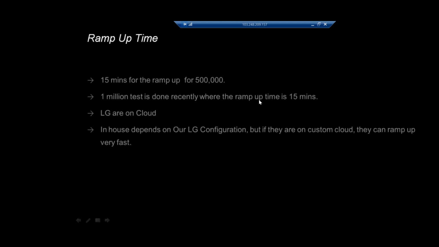A 5 lakh ramp up takes 15 minutes, and in one scenario, a 1 million test was also done in 15 minutes. If the LGs are in-house, it depends on the LG configuration, but if it is custom cloud, it will be very fast.